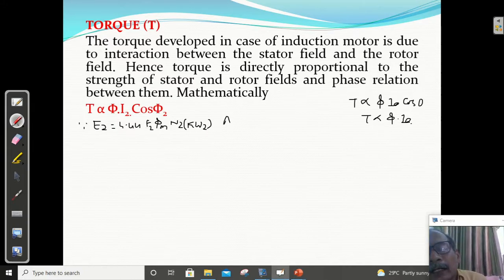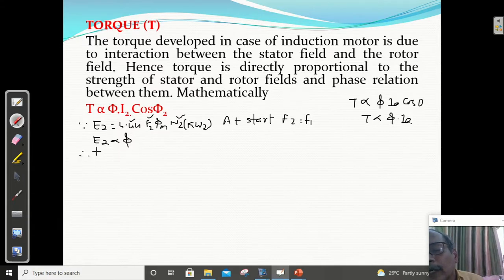At start, at standstill, F2 equal to F1, the supply frequency. 4.44 is constant, N2 is constant. So we can say E2 is proportional to flux. If you increase the flux, E2 will increase. So we can replace phi by E2.